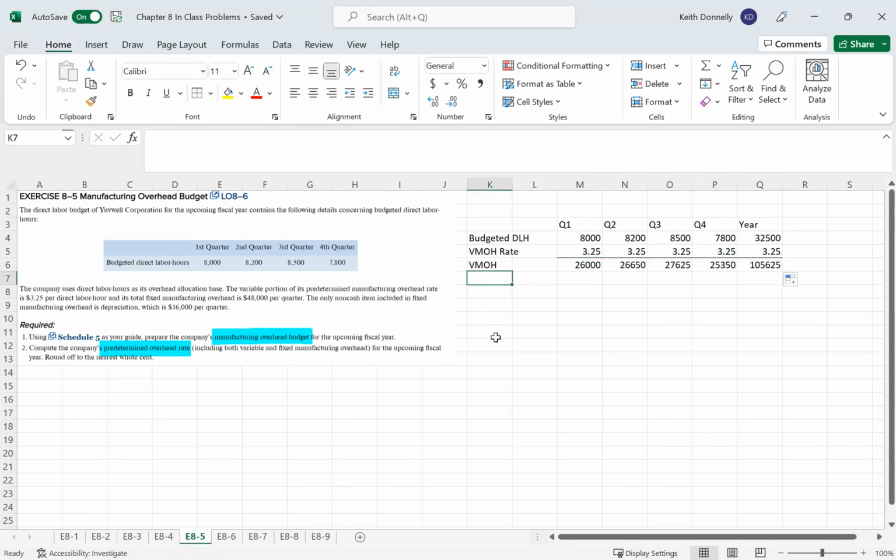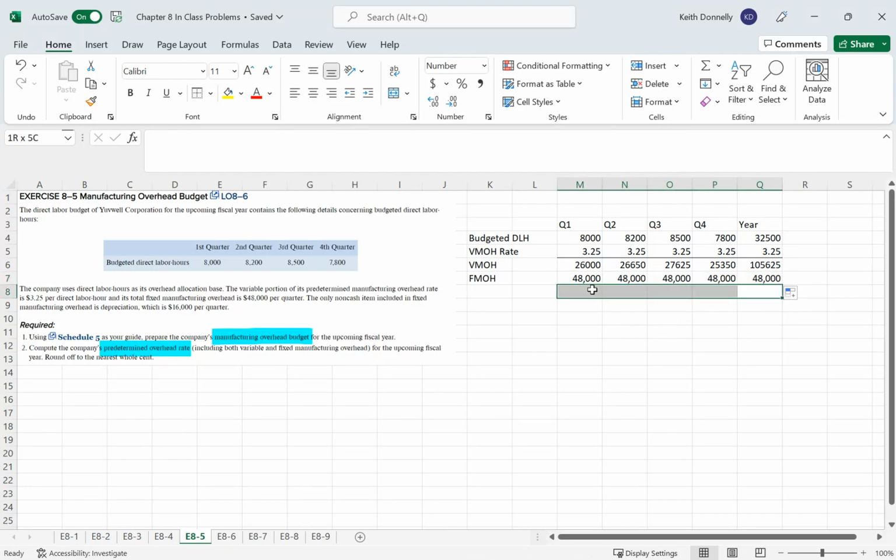Then we can back out, in this case, our fixed manufacturing overhead. They tell us over here that that's 48,000 per quarter. So that's fixed, it's the same every quarter at 48,000.